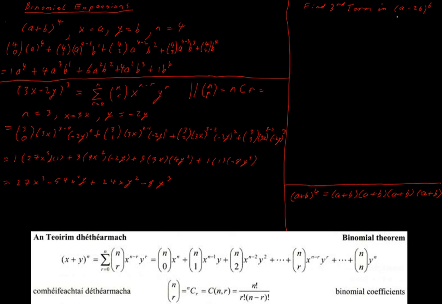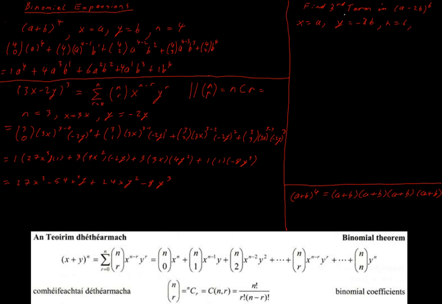Now, the last thing that they tend to do on exams with this type of question is to ask you for a particular term in the pattern, and really all you have to spot is that if we're looking for the third term, if I write down my different terms here, I'd have x would be equal to a, y would be equal to minus 2b, n would be equal to 6.